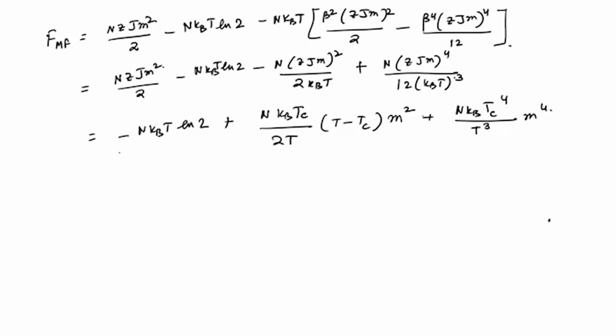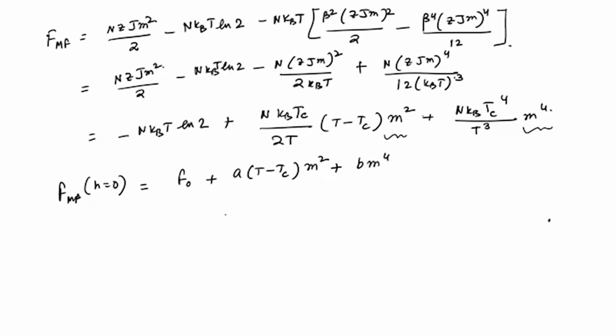So, we have been able to write this F_MF in the powers of m square and m^4 and so on. And so, we can write this F_MF for h equal to 0, that is, the external field equal to 0, as some F0 plus a (T minus T c) m square plus b m to the power 4.